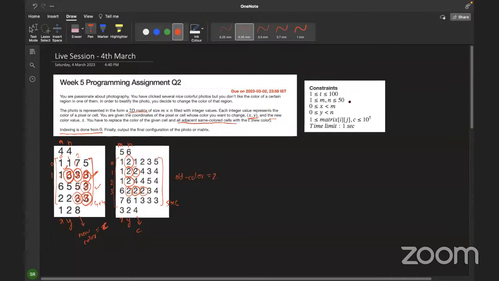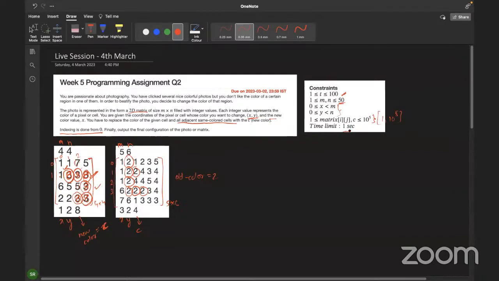Let's start with coming up with an approach for this question. First let's look at the constraints. The constraints given to us: there's a number of test cases, this is T, and the dimensions of the matrix M comma N are set to 50 cross 50 maximum size, and the coordinates and the colors in the matrix range from 1 to 10 power 5.